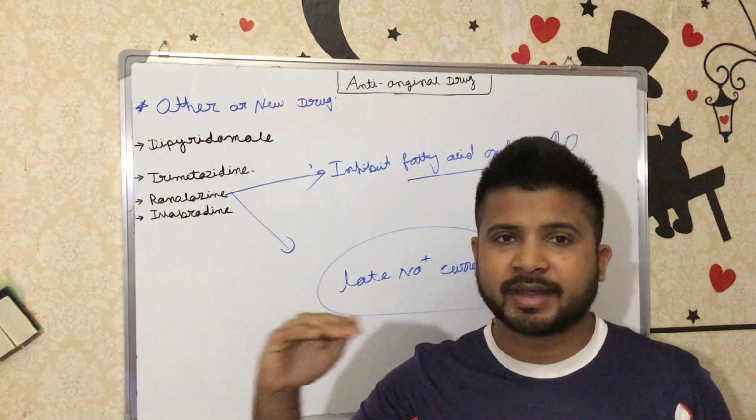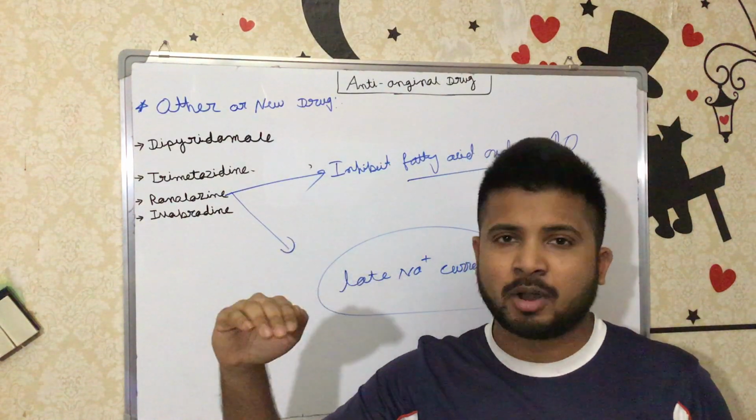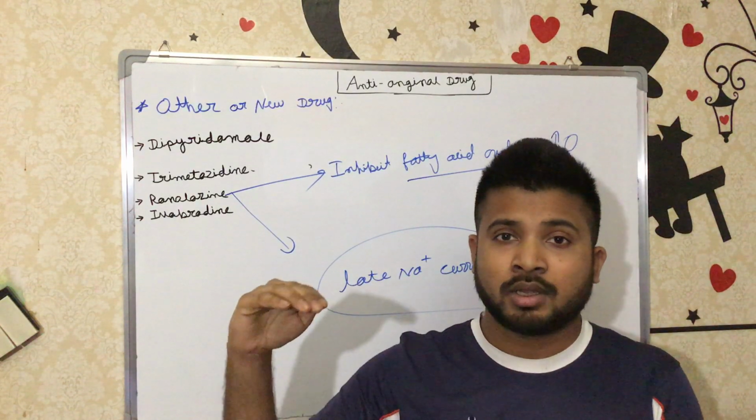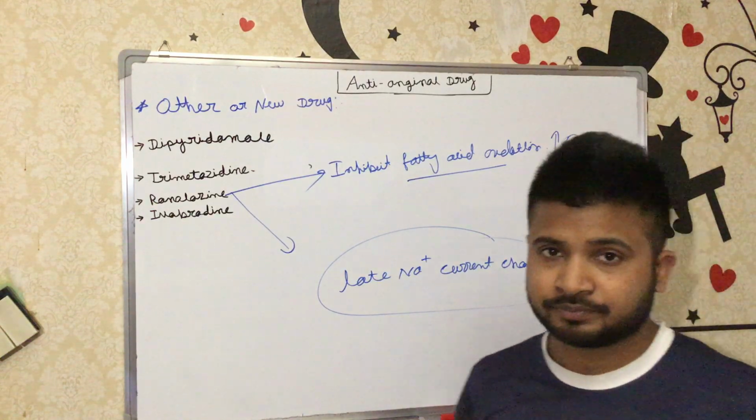So it maintains the contractility, and maintains the proper amount of calcium coming from extracellular to intracellular. So for the maintenance or prolongation of depolarization, the late sodium channel current helps.